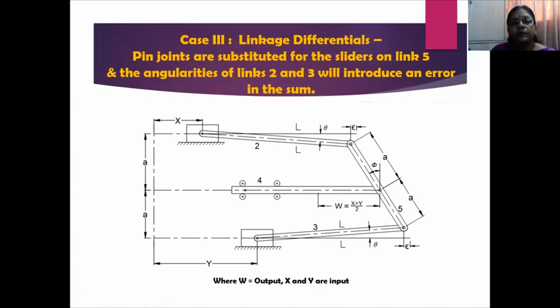However, the problem in this mechanism is that an error of epsilon value will be introduced to the output. The pin joints are substituted for the sliders on link 5, and the angularities of links 2 and 3 will introduce an error in the sum. This is mainly because of the small angular motions of link 2 and 3.